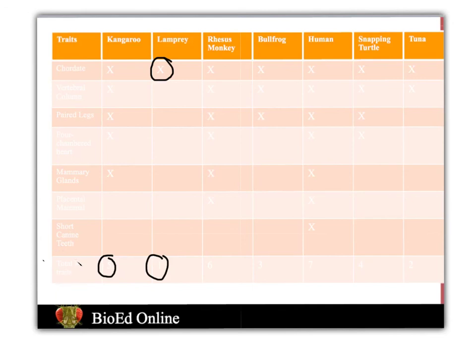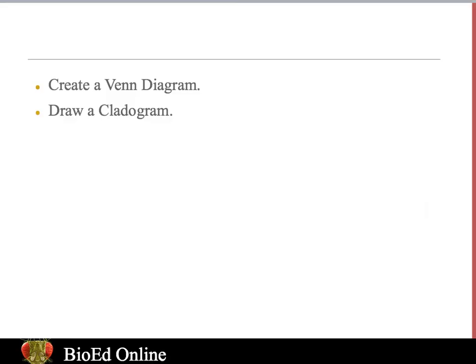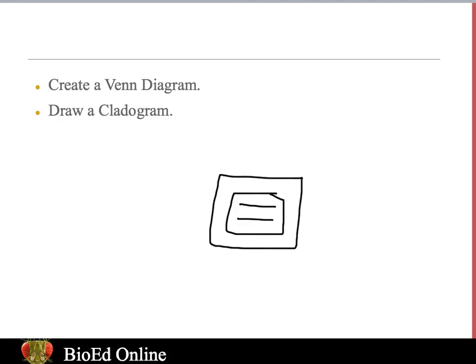So what I would like you to do is, taking this information in your notebook, I want you to draw a diagram similar to the one that I did, that Venn diagram with all those nested boxes. Remember, so we started here, write the trait, write the organisms that have that trait, write another box, write the trait, write the organisms that have the trait.